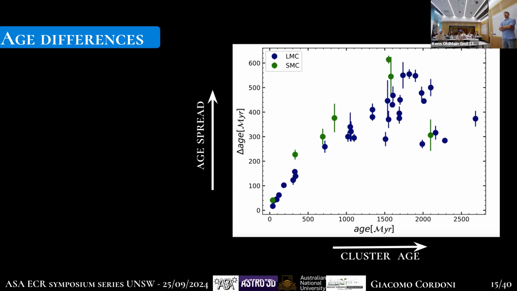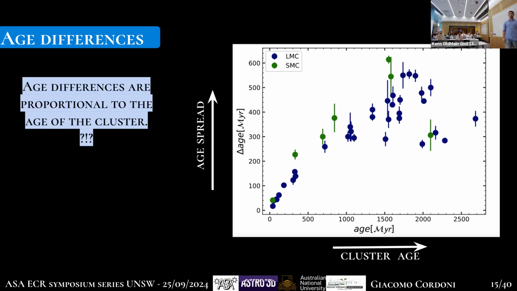At first, this looked very peculiar because here you would have to assume that older clusters have a longer star formation history, or multiple star formation episodes spread apart, while in younger clusters we have a shorter star formation history. And in the context of star formation, this is not so straightforward to explain. So is there something more?